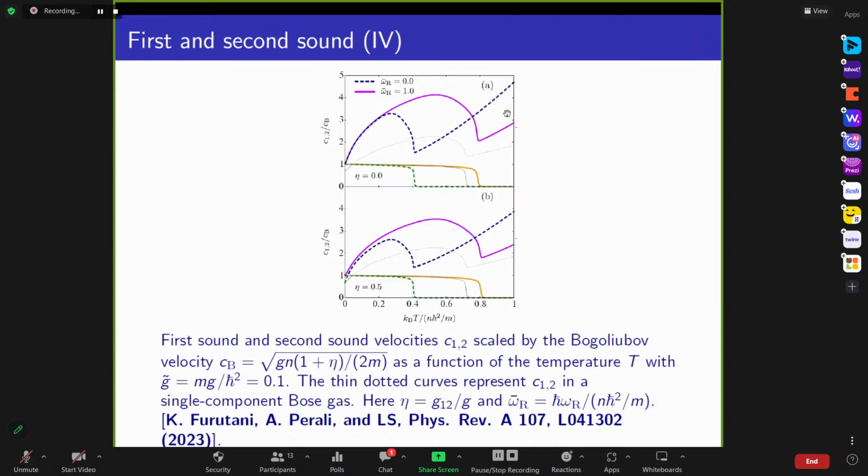The main message is that the first sound remains finite also above the critical temperature, and the second sound goes to 0 above the critical temperature. Moreover, it's important to stress that there is a strong dependence on the Rabi coupling.